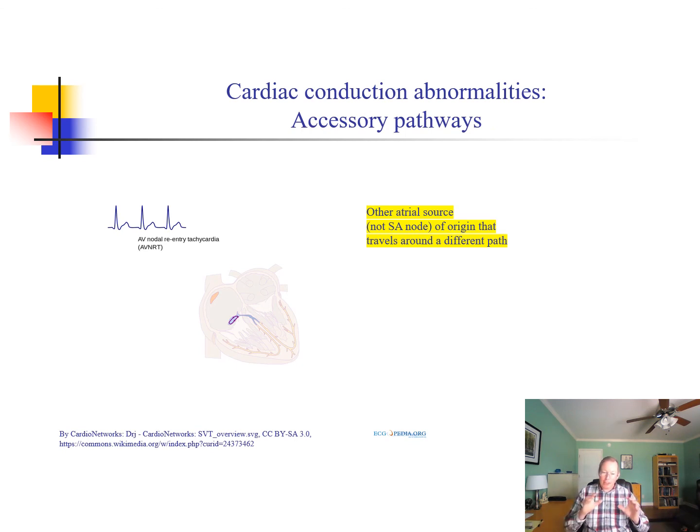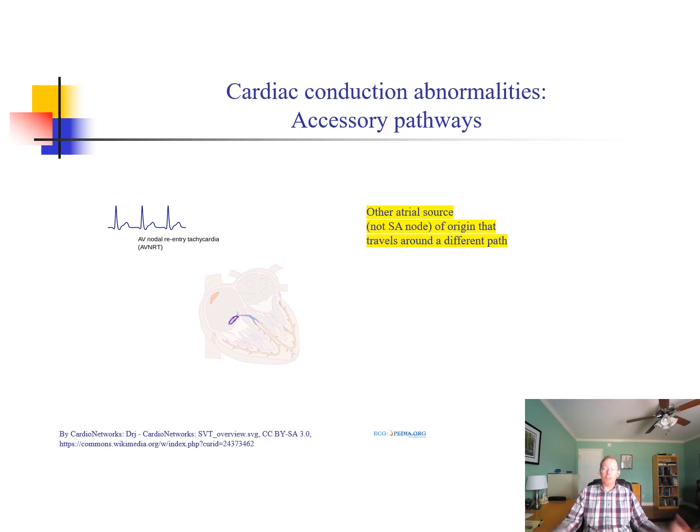Now, I mentioned at the very beginning when I was talking about different rhythms that there exist accessory pathways. These are areas of the myocardium that conduct electricity, but they're not supposed to. And so one of the common ones, especially for younger people, is what's called AV nodal reentrant tachycardia, in which there's a little pathway between the atria and the ventricle that allows for a little loop to basically continue to stimulate the contraction.